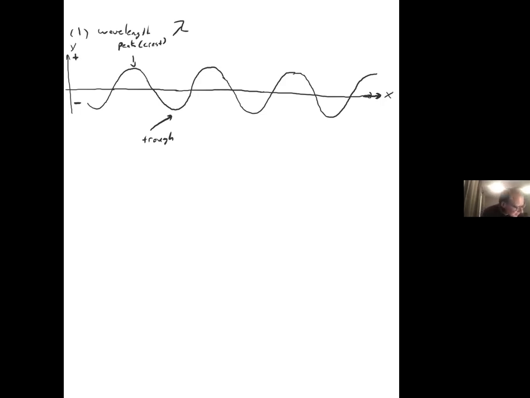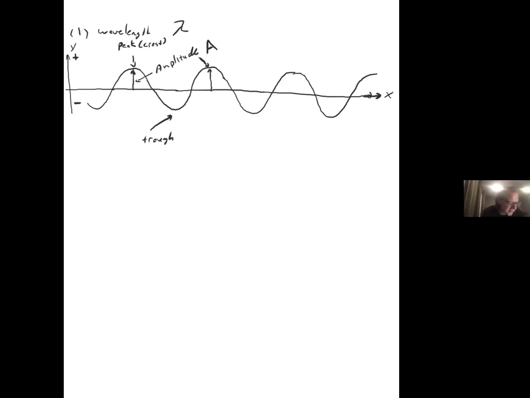The distance vertically between the x-axis and the peak is called the amplitude. So here's the peak. Notice the amplitude is the same here because this is a repeating pattern. So the height of the peak is the same all the time. So that would be called the amplitude. Sometimes the letter A is used to refer to the amplitude.